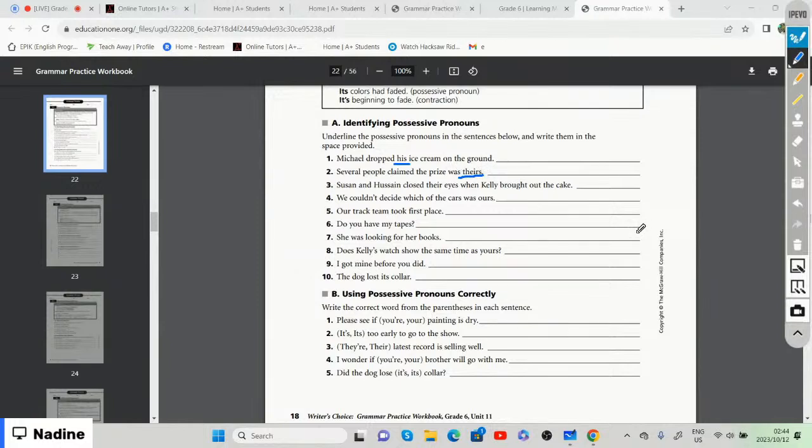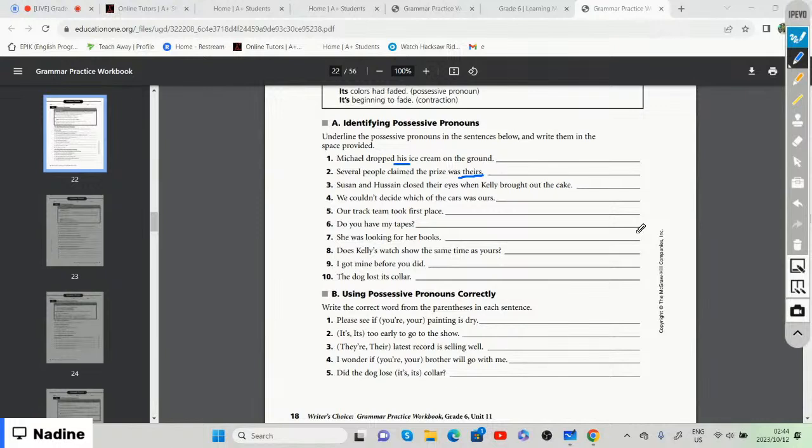Susan and Hussein closed their eyes when Kelly brought out the cake. So if we look at that sentence, what is the possessive pronoun within that sentence?